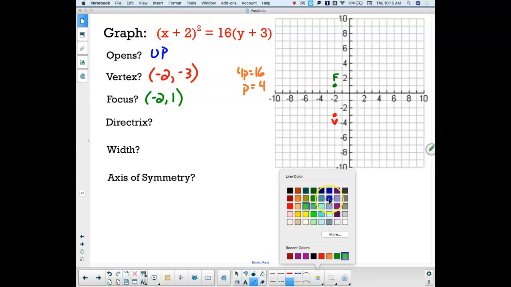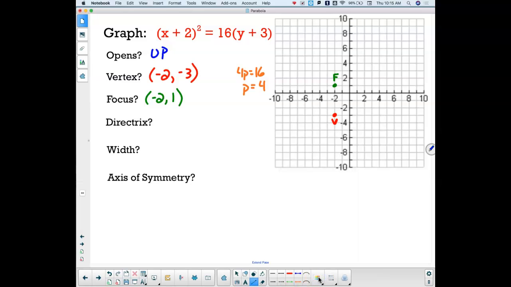Down 4 is going to be my directrix: 1, 2, 3, and 4. That is the line y equals -7.